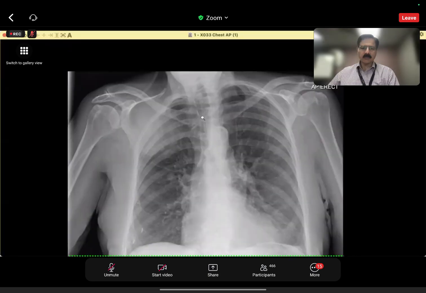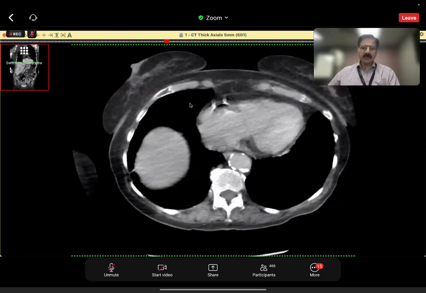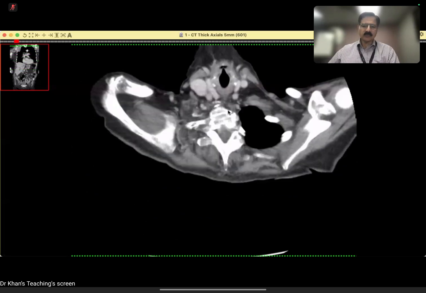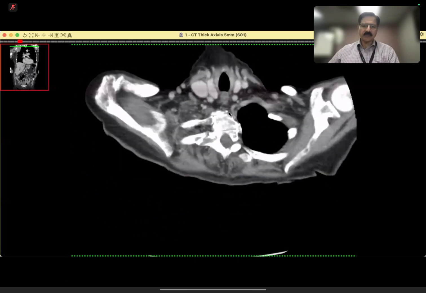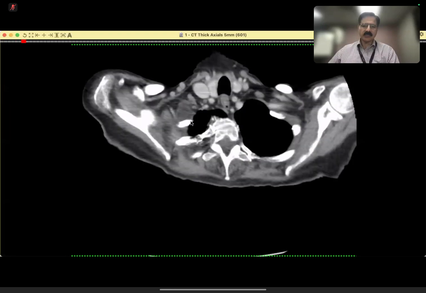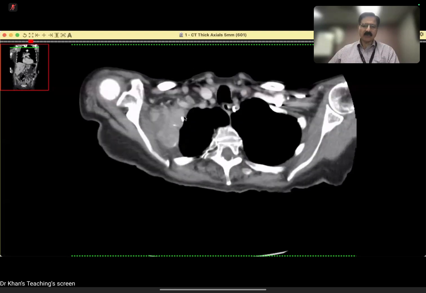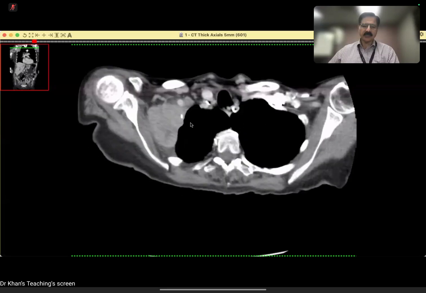As far as CT is concerned, even here the same findings can be seen as we picked up there. This is the first rib, and you can see how it is just destroyed, eaten up.